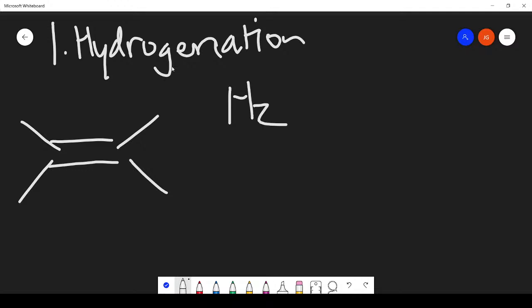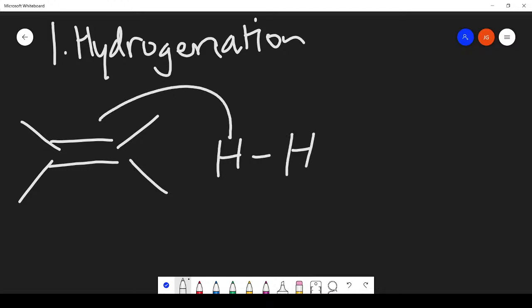So you're adding a hydrogen to this side and a hydrogen to this side. And that makes a lot of sense if you think about it. So the way we would draw out this mechanism is you have your hydrogen-hydrogen bond.